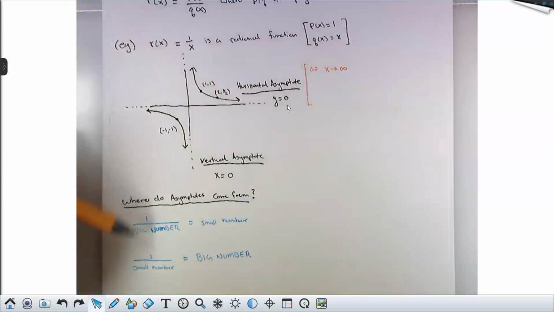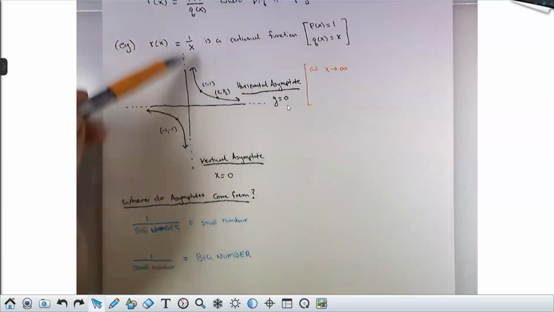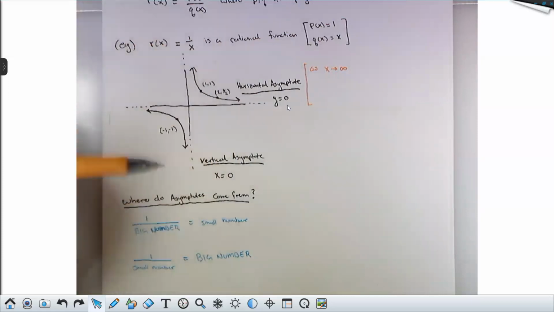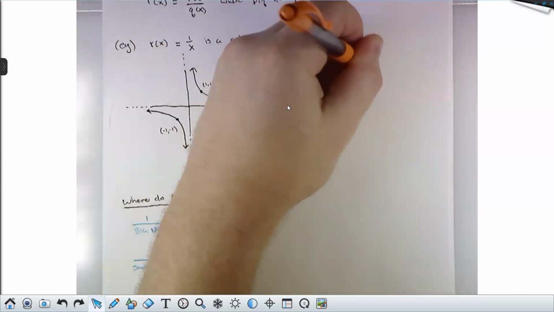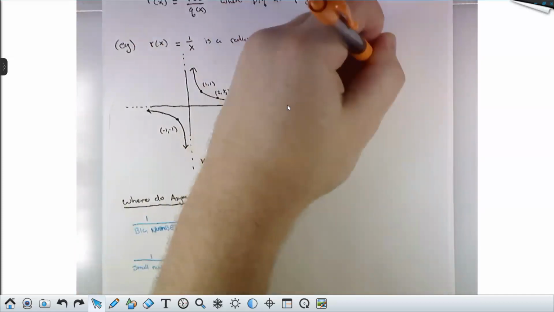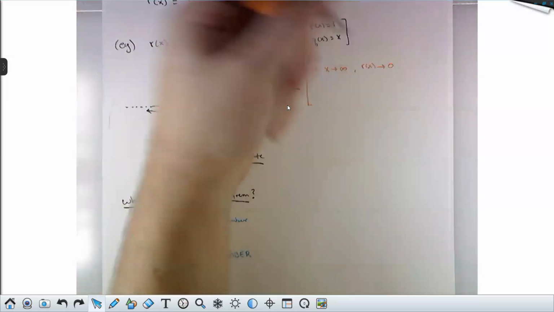And 1 over a very, very big number is a very, very small number. So as x goes to infinity, 1 over x, this function, I'll just write r of x, goes to 0.